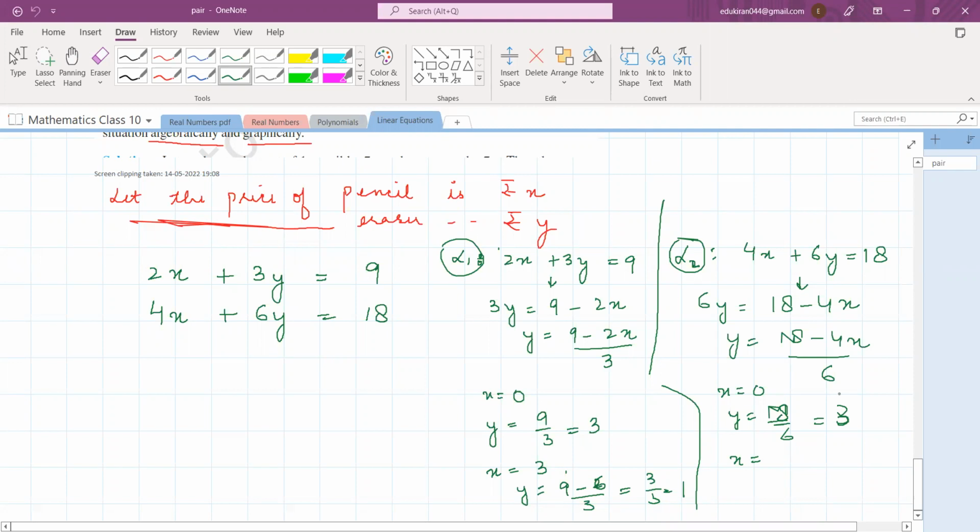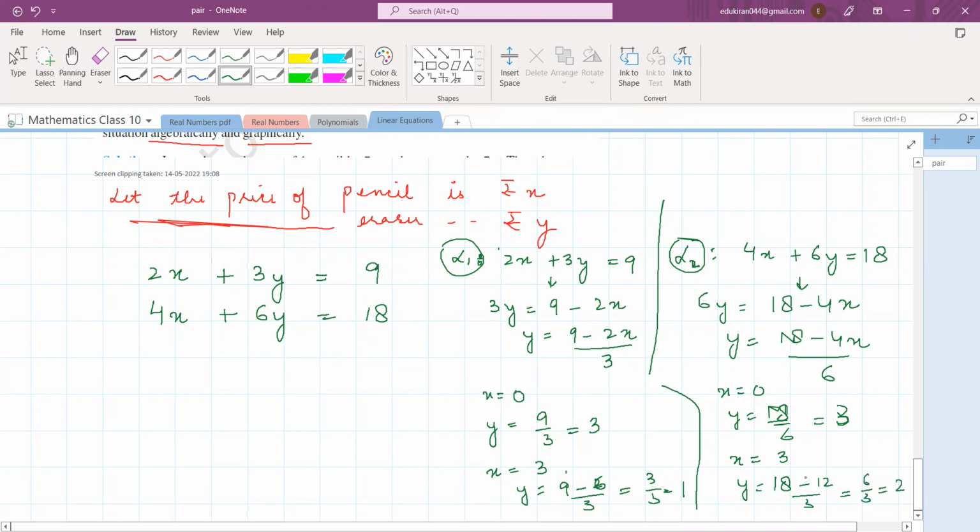No. If I take 3, 4 into 3 is 12, and 18 minus 12 is how much? 6. Yes, I can take x is equal to 3. So y will become 18 minus 4 into 3, which is 12, so 6 by 6, which is equal to 1.